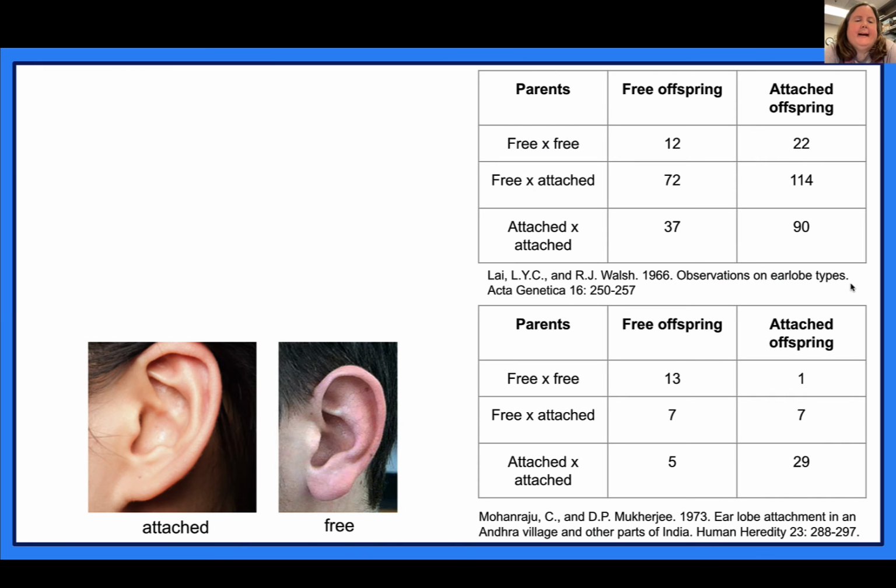Now, looking back at our earlobes, attached and free, and thinking about how traits are inherited from the parents and the offspring, if you look at this, does this reflect what we saw with Mendelian genetics?